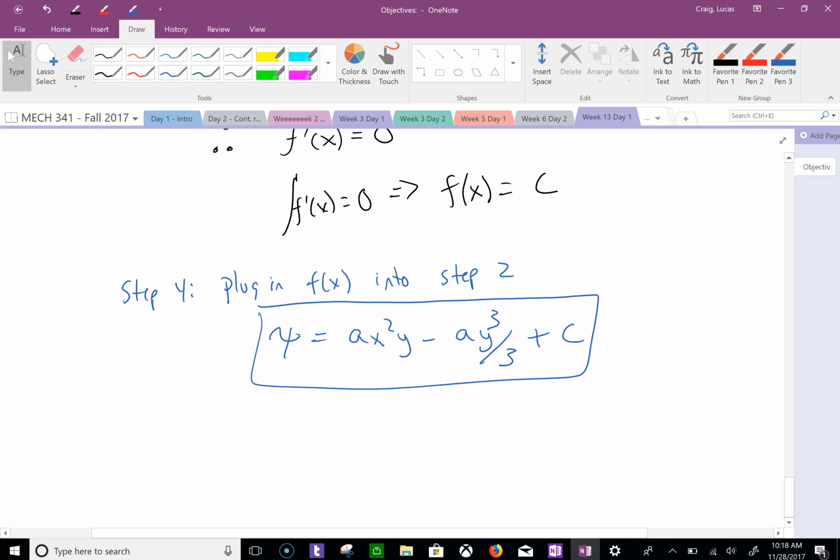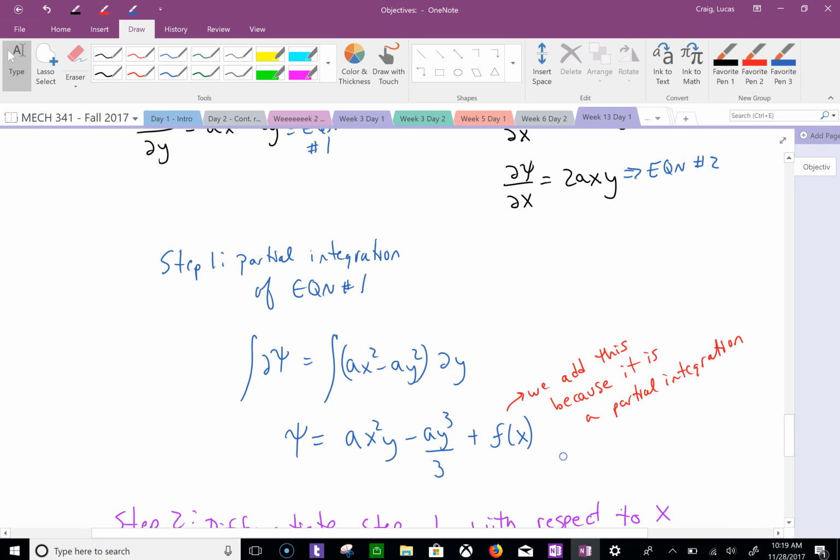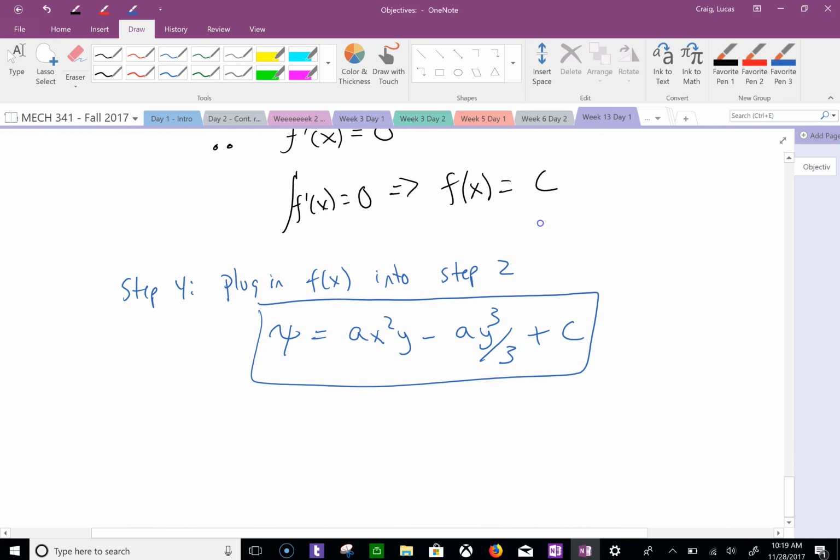You could take the partials of this with respect to x and y and see if you get back to those. Well, you can, but there's no constant. Oh, it'll go away, right? I mean like in the bottom one there, there's a plus c.